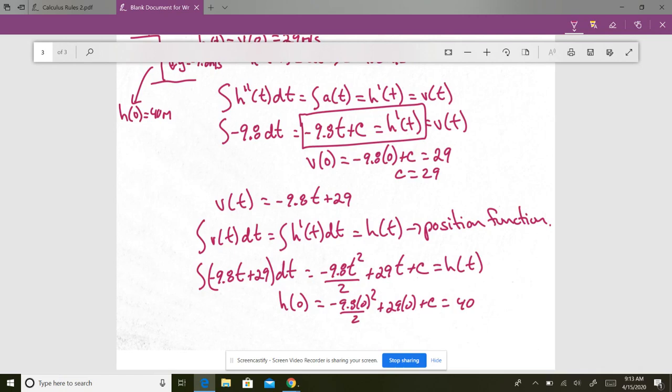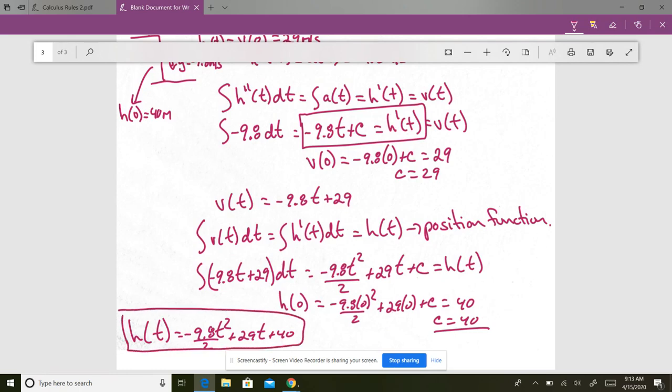Therefore, c is 40. So the actual function, h of t, is negative 9.8 t squared over 2 plus 29t plus 40. That is your position function.